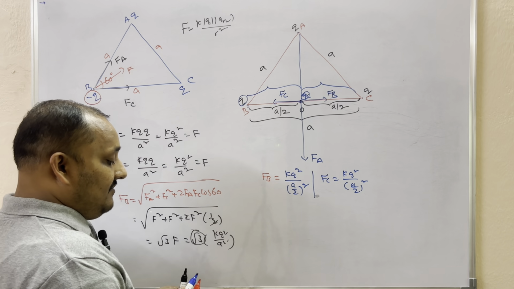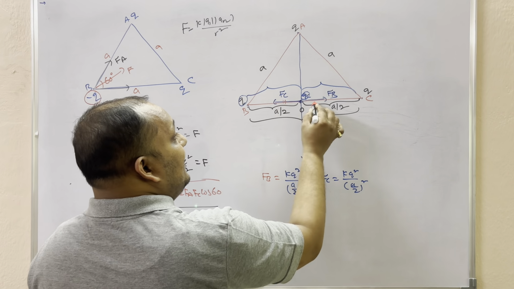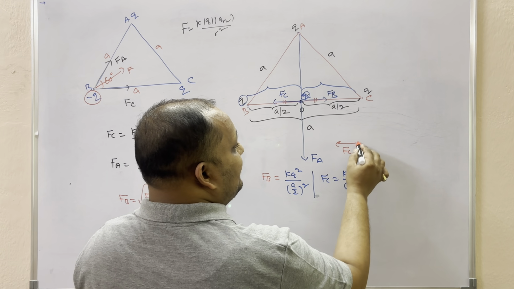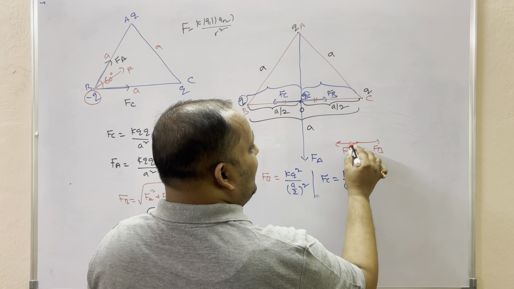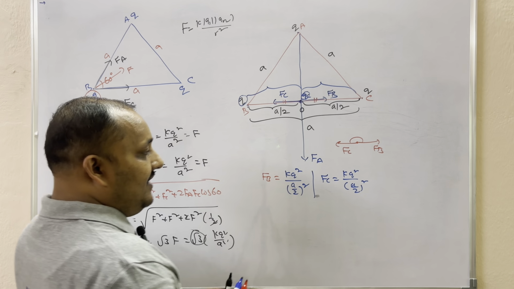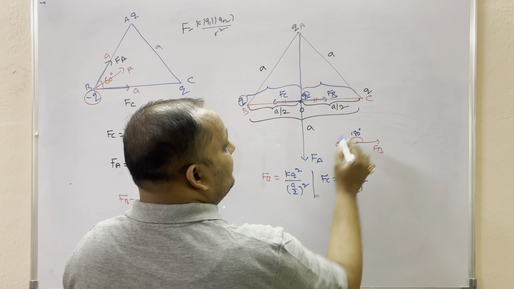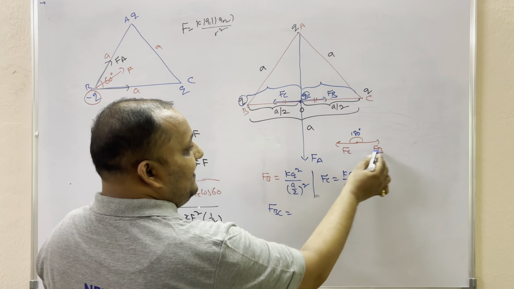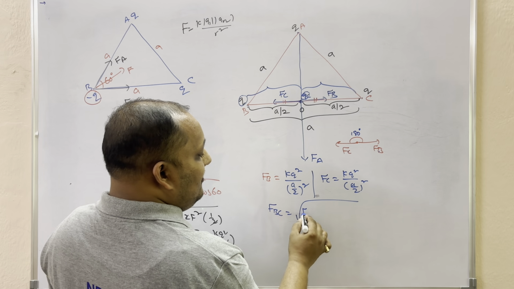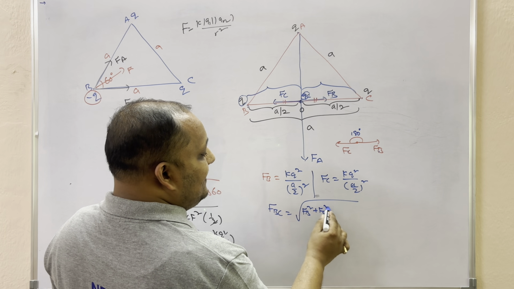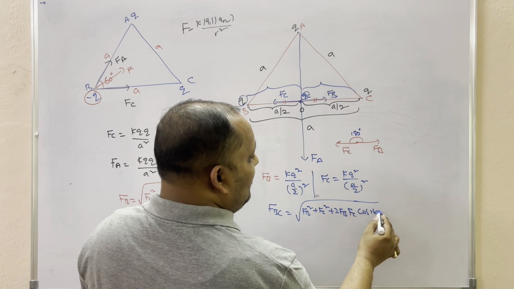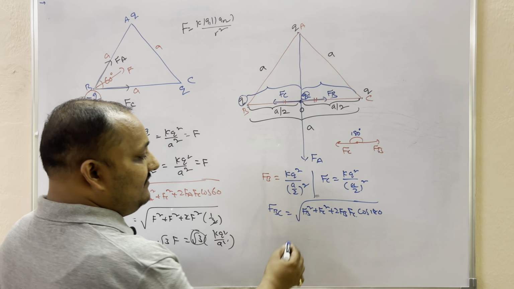Now observe here, both are equal and opposite. Whenever both are equal and opposite, FC and FB, what is the resultant? Here the angle is 180 degrees. For FB and FC, FBC is equal to root of FB square plus FC square plus 2 FB FC cos 180. What is the cos 180 value?